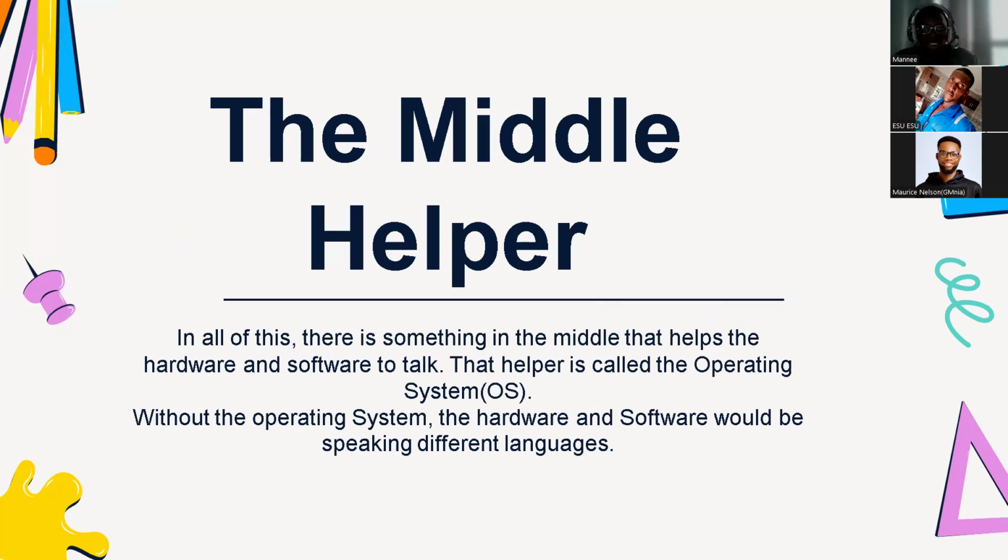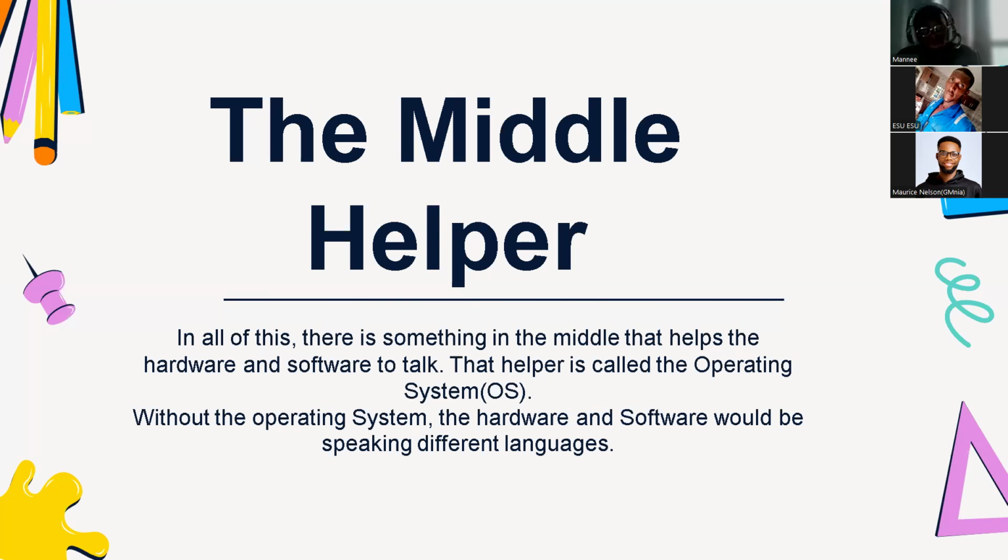But for this communication to happen, there should be a middleman. There is something in the middle that helps this communication happen. And this middleman is referred to as the operating system. This is what allows your software, whatsoever it may be, to give your hardware orders.